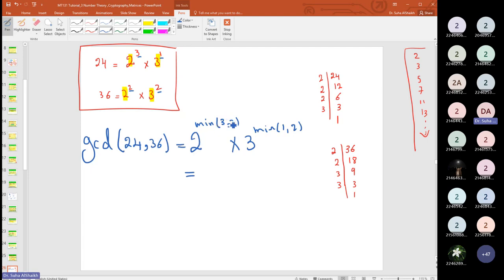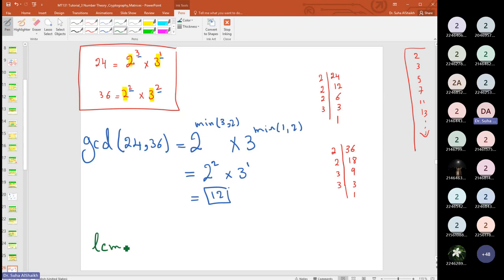So the minimum of 3 and 2 is what? It is 2. And the minimum of 1 and 2 is 1. So this will give me 4 multiplied with the 3. This is equal to 12. So the GCD is equal to 12.